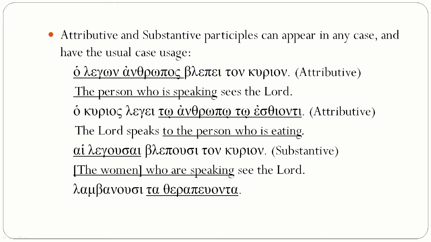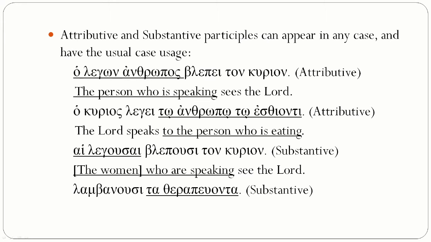In this case, this is a substantive participle. Notice that it is neuter plural here. Because it is neuter, it could be nominative or accusative. And therapiuanta also is neuter, nominative, or accusative. No corresponding noun there, therefore it is substantive.